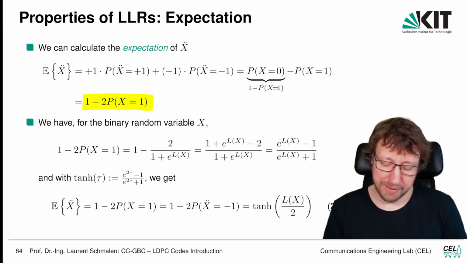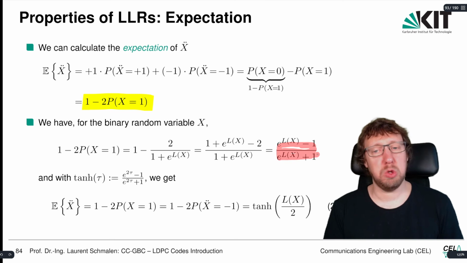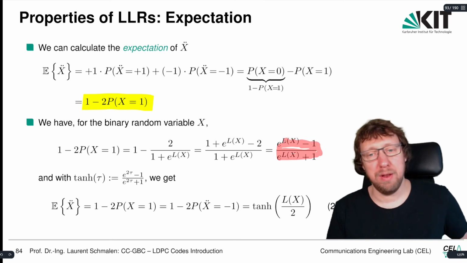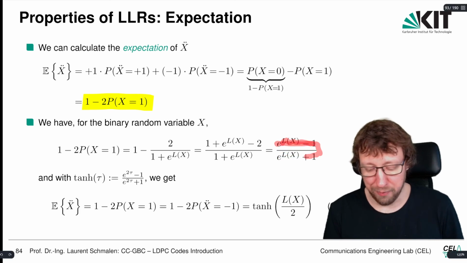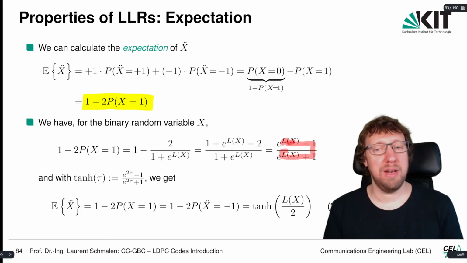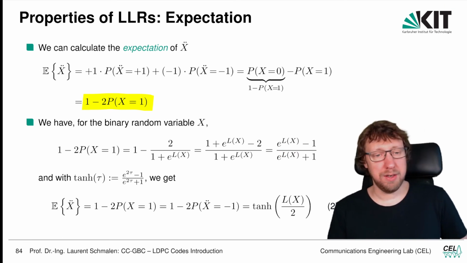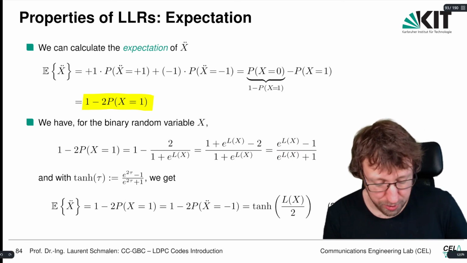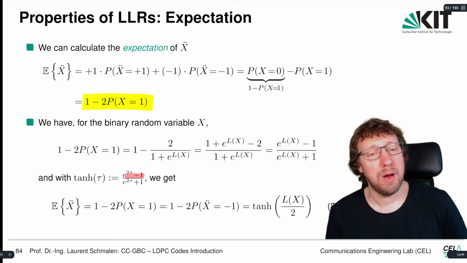Now this looks like something that may be studied because it seems like something very general or very regular. And indeed, this is a very common function. This is the hyperbolic tangent, or something very close to it, because the hyperbolic tangent of some input tau is defined as e to the power 2 tau minus 1 divided by e to the power 2 tau plus 1.